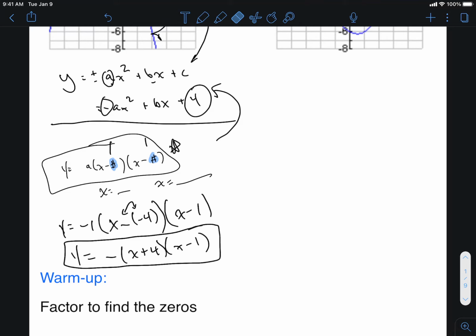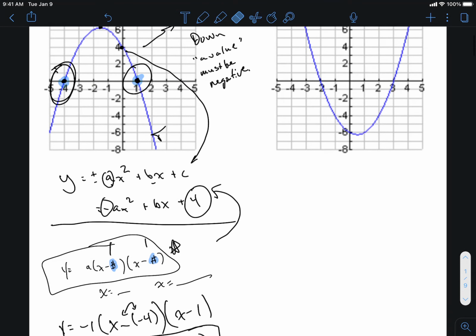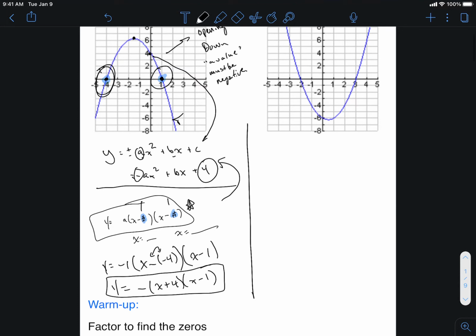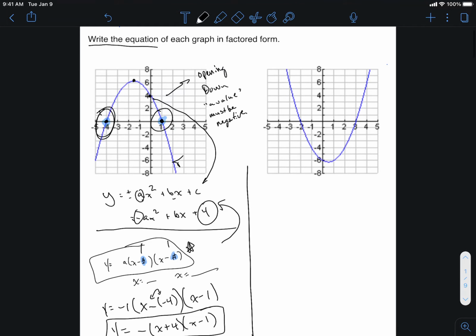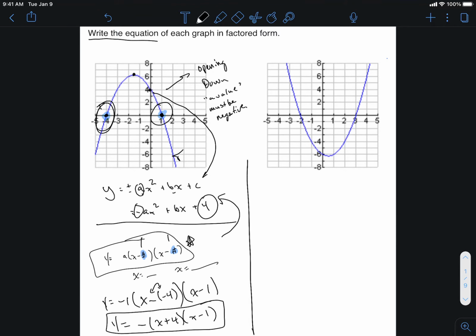Okay, so I just want to, and this is in Mines Online too, this note, so you guys can look at it. When I'm writing things in factored form, this is what it's looking for.